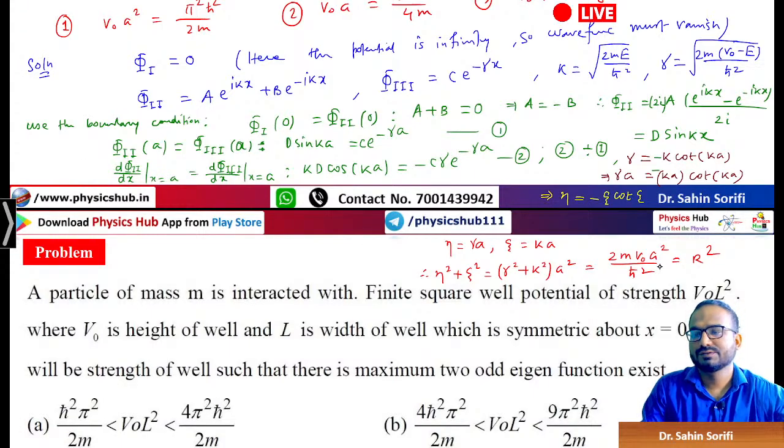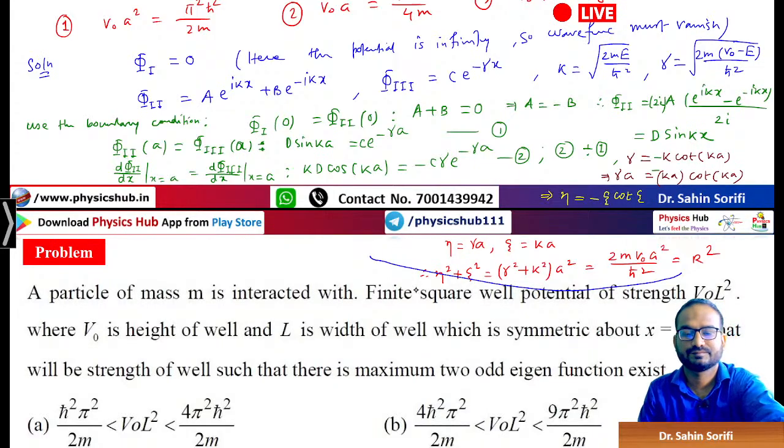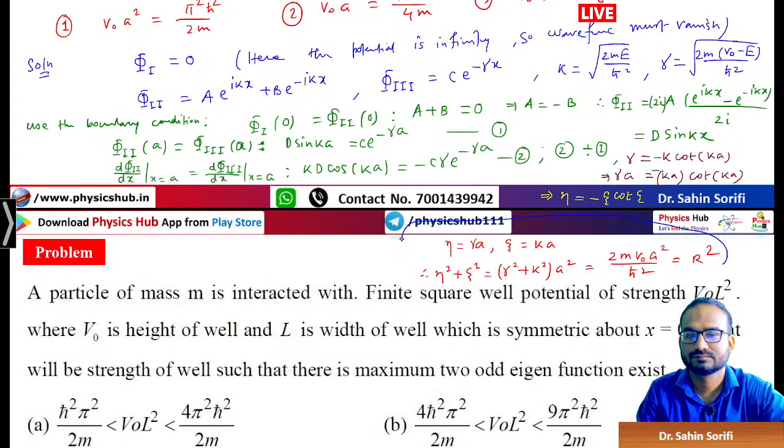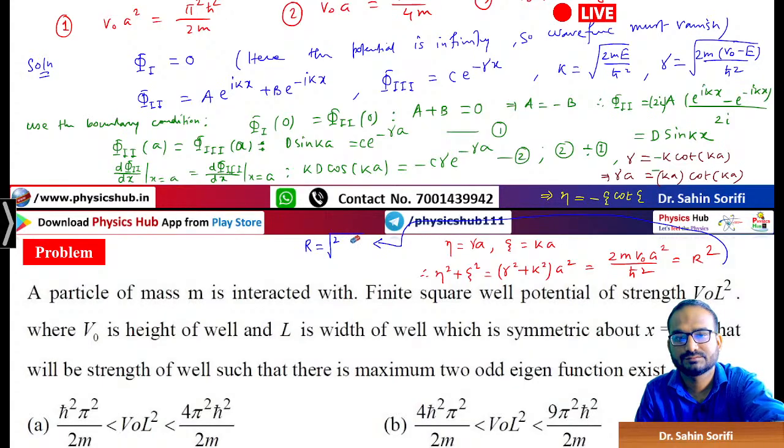So r is equal to, I'm writing it here, r is equal to square root of twice m v naught a square upon h cut square.